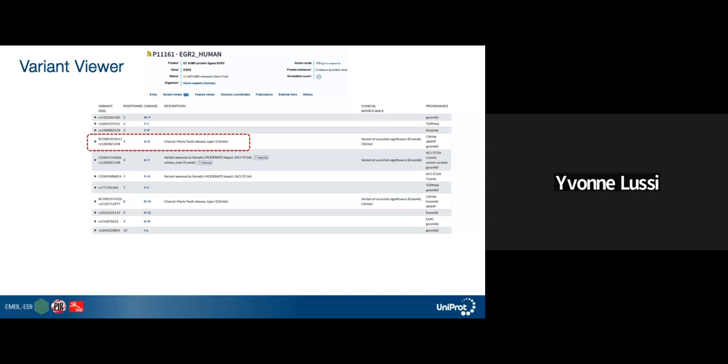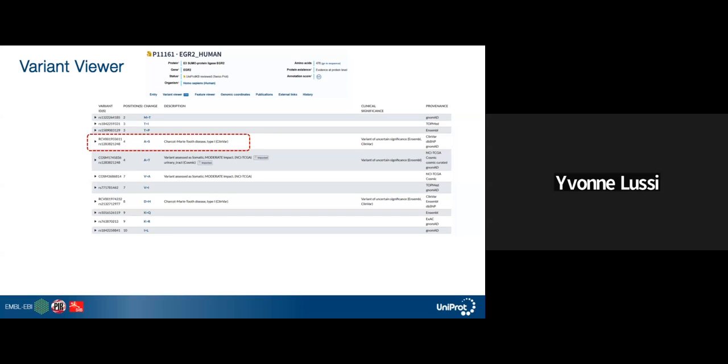In the variant table below the matrix, you will find the following variant information. The variant identifiers, such as dbSNP, Cosmic, or ClinVar identifiers. The variant position and change, variant descriptions, such as involvement in disease, the clinical significance, and provenance. So I have chosen one of the variants to look at in more detail.